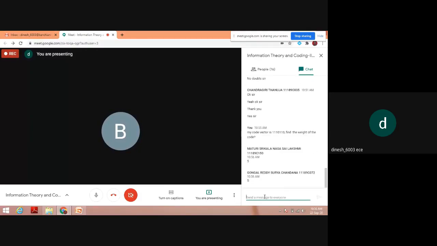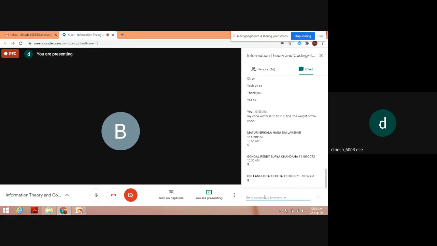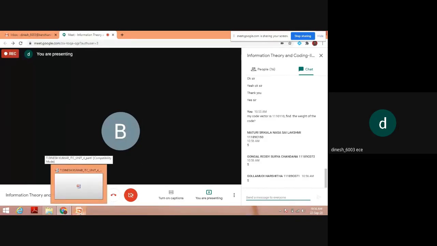So how did we find it? It is the number of non-zero elements. So there are 5 non-zero elements in this code vector 110110. So we get 5 as the weight of the code. Understood how we find it for each and every code vector or code word.